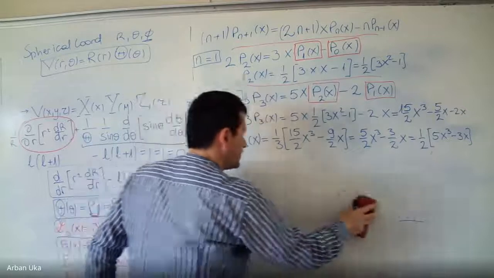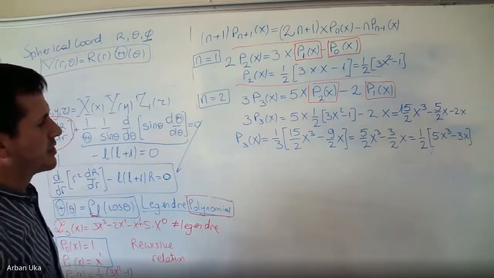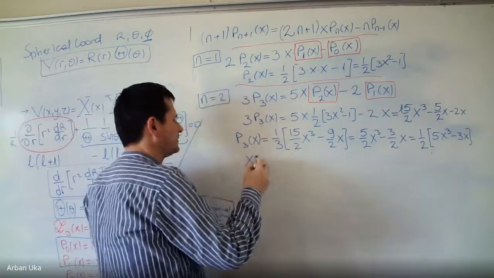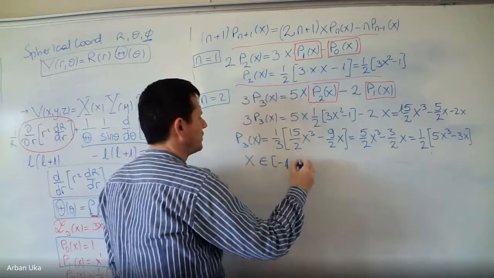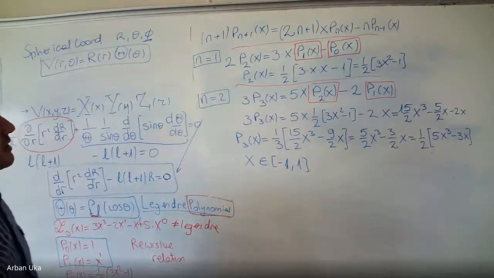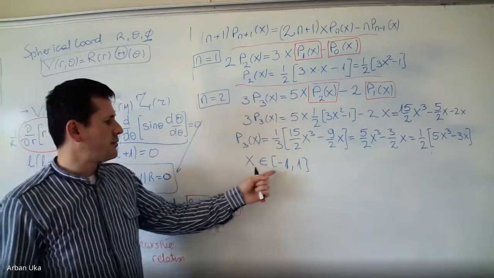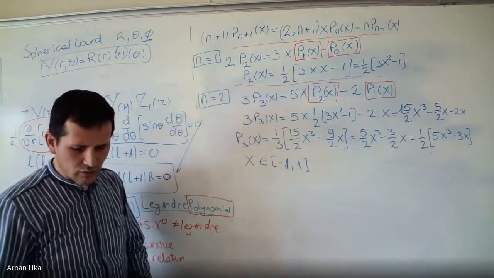Now, right out of this, we have to add a couple more pieces of information. The value of x here is from minus 1 to 1. Okay, so these polynomials preserve their properties once they are defined from minus 1 to 1. Now, what are some functions that can be from minus 1 to 1?